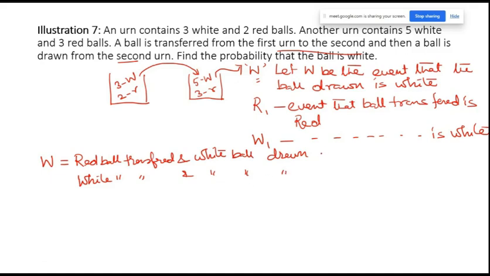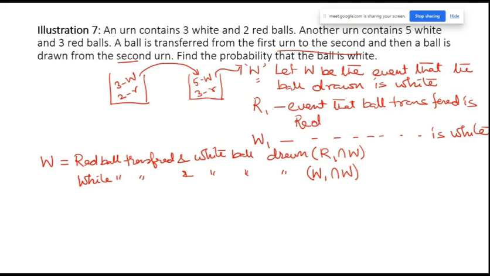So what is this event and what is this event? The first one is red ball transferred, R1, and then white ball drawn, intersection W. The second is that ball transferred is white, W1, intersection W. That means these two events are mutually exclusive because you are transferring only one ball. Simultaneously, both red and white ball cannot go. Either the ball will be red or the ball will be white.